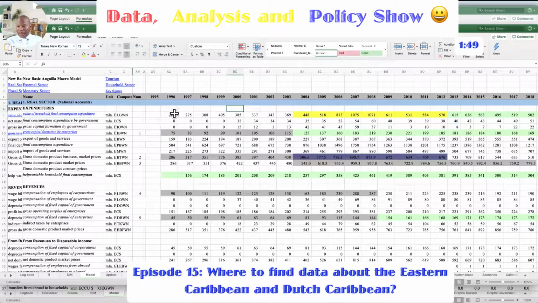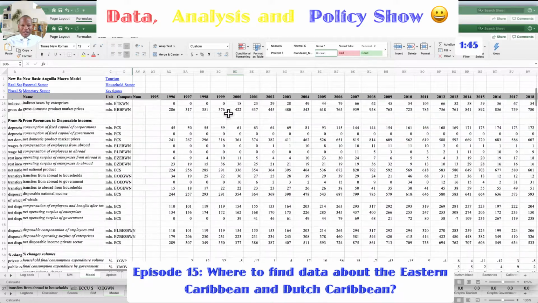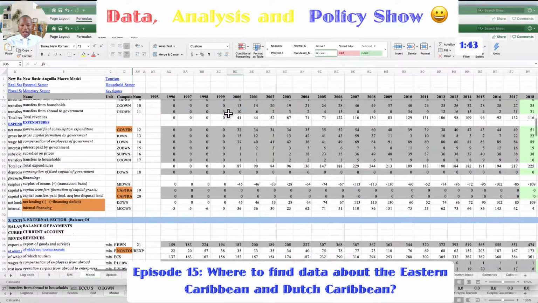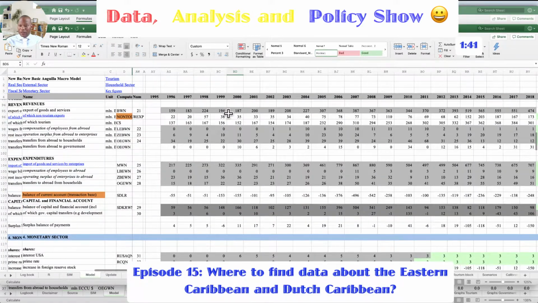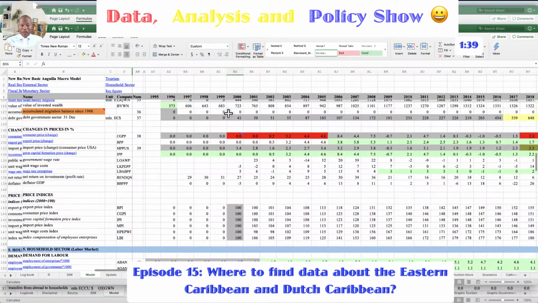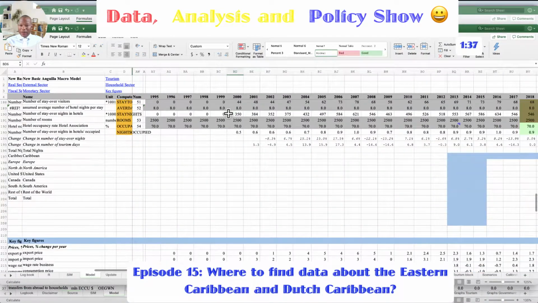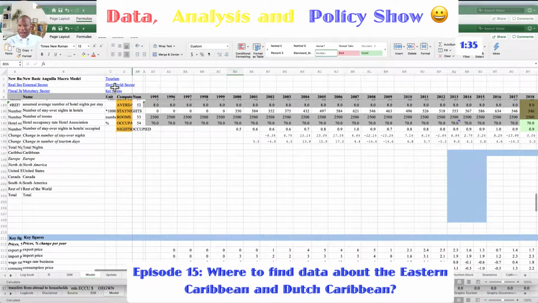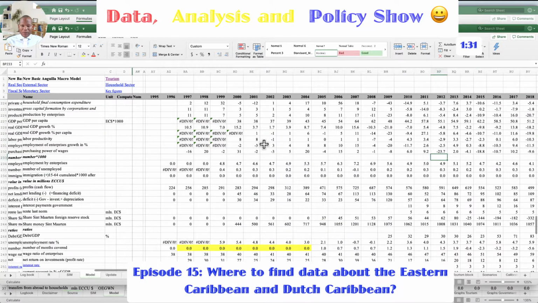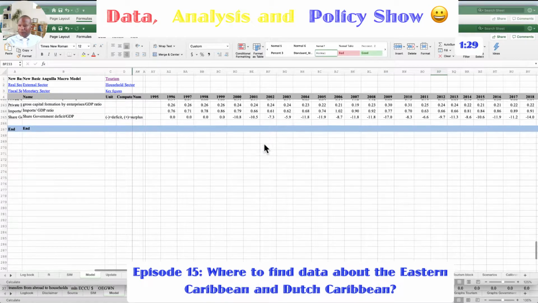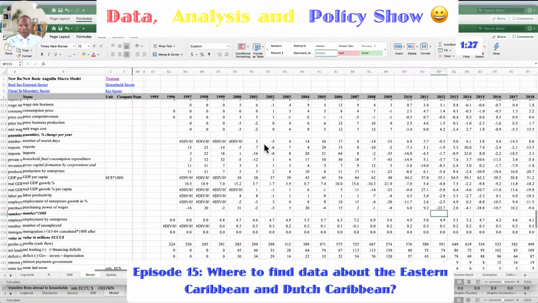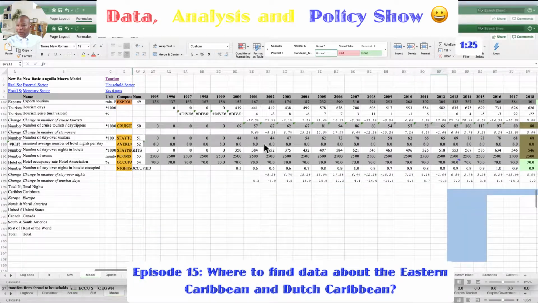So let's look at the economy of Anguilla, and let's look at the cruise tourism or stayover tourism. I know they don't have a lot of cruise tourists, but let's look at the stayover tourists for Anguilla. So I have to go to the tourism sector of Anguilla.